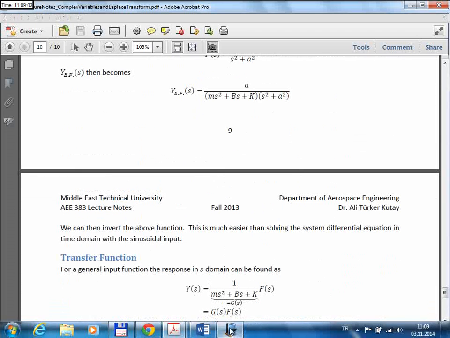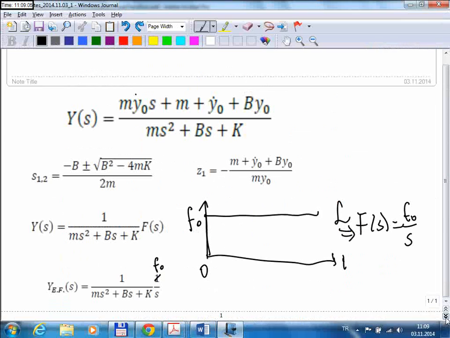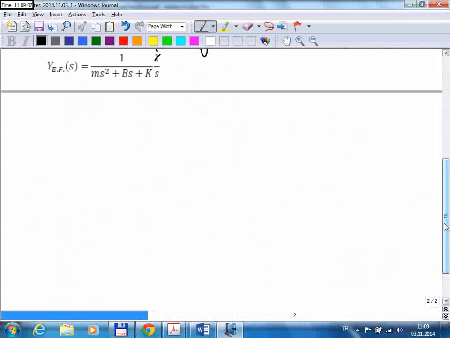So for example, I can ask you to find the response for this input signal, and I hope you can all do that. Suppose that the input applied to this system is like this. It is composed of different steps.